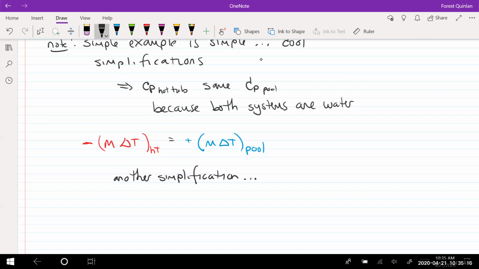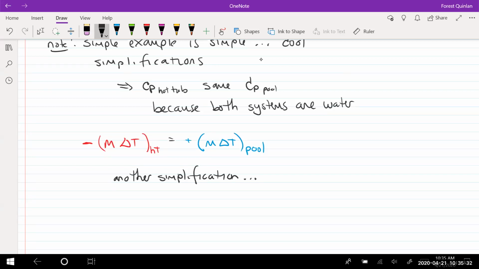convert each of these gallons, liters, milliliters to an actual mass, what's going to be the difference since they're all water? It's just going to be a scaling factor.